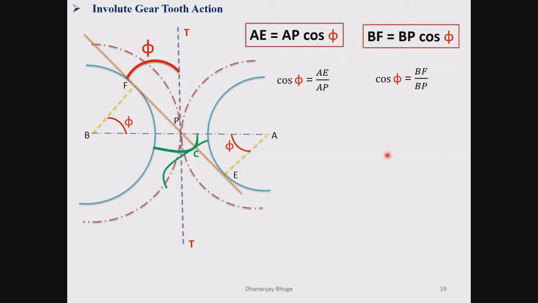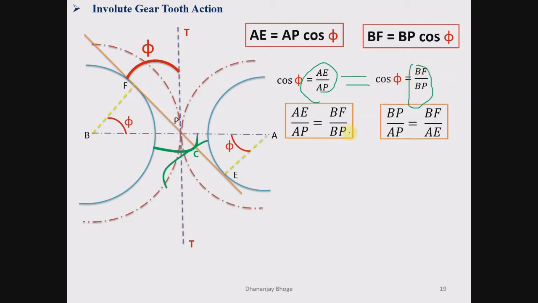Okay? No need to write down, we have written this already. Cos of phi equals to BF upon BP. Now you can equate these two equations because both of them stand for cos of phi. Okay? So what we get? AE upon AP is equals to BF upon BP. Now we can rearrange it.